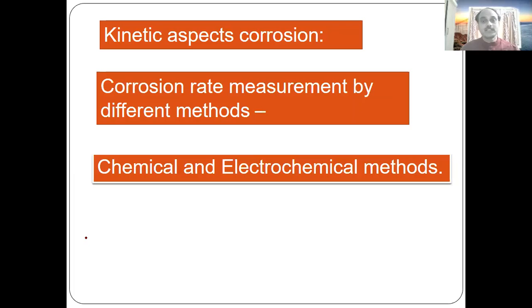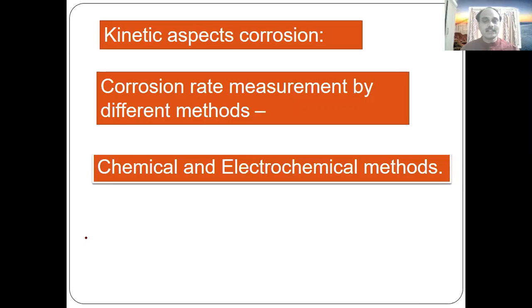Now, the kinetic aspects of corrosion. When you study a reaction, thermodynamics comes into the picture and kinetics also comes into the picture. So what are the kinetic aspects of corrosion? It means how do you measure the rate of corrosion, like the normal reactions you carry out in the laboratory.